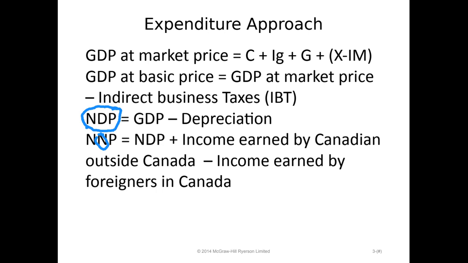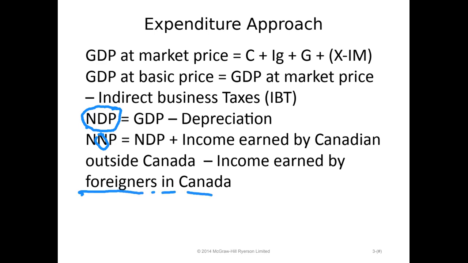So all those Canadians working outside Canada, we add their income. And those non-citizens living in Canada, their income is included in the GDP of Canada, but not in NNP or GNP. So we subtract income earned by foreigners in Canada.